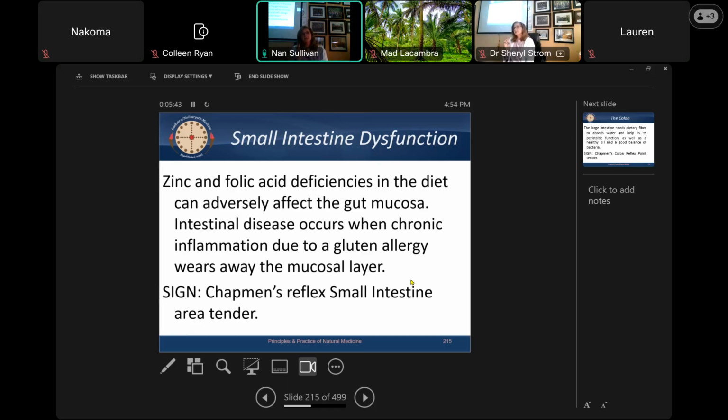If you look at the Chapman reflex pictures, you can test, or you can just observe the umbilical area. So right where the belly button is, you can look at the different angles in the direction of the belly button.